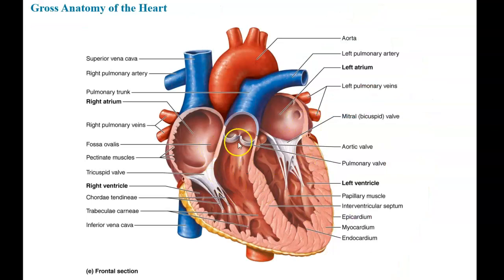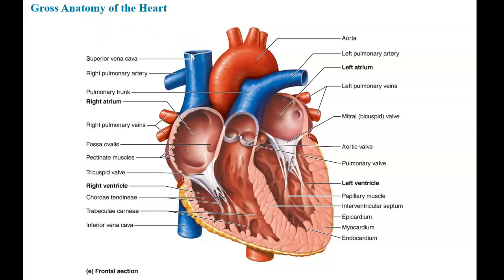As far as the blood flow, you should be familiar with the blood flow throughout the heart. There's really no particular order that you should start at, but usually I like to start here at the right atrium. That's where the blood drains from the superior vena cava and the inferior vena cava. The inferior vena cava is the one that brings the blood back from the abdomen and the limbs.